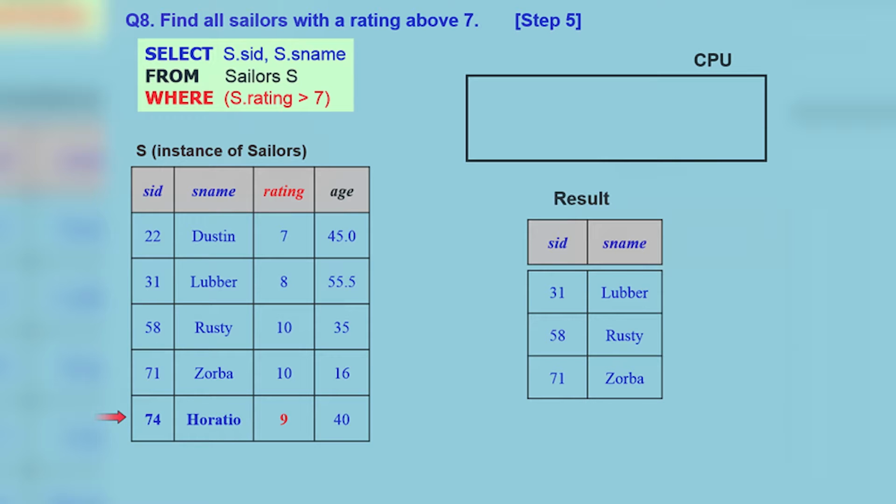Let's check. His rating is equal 9. Is 9 greater than 7? Yes. Let's add Horatio to our result table. End of algorithm.